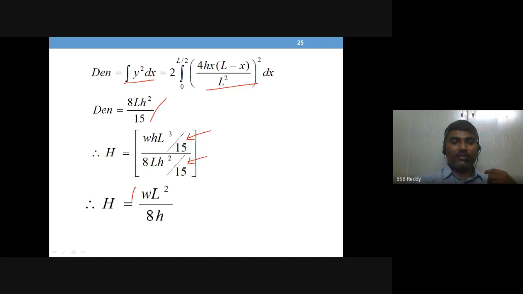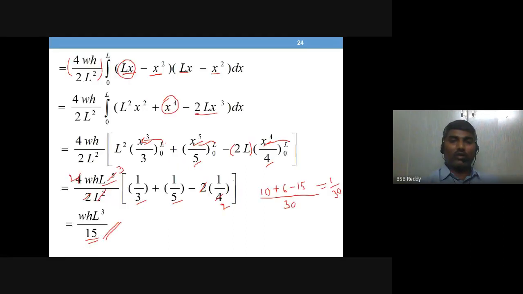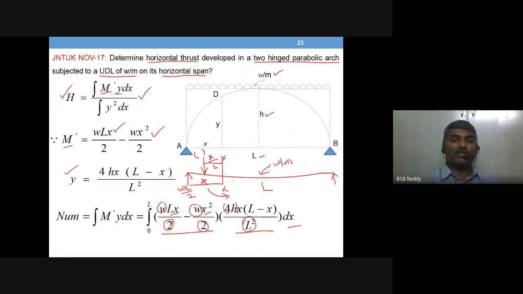Okay, it is easy to remember. W L square by 8 is the maximum bending moment for a beam with UDL at center, divided by the rise value H. Okay, so this is the horizontal reaction in case of a parabolic two hinged arch having UDL on its total horizontal span.